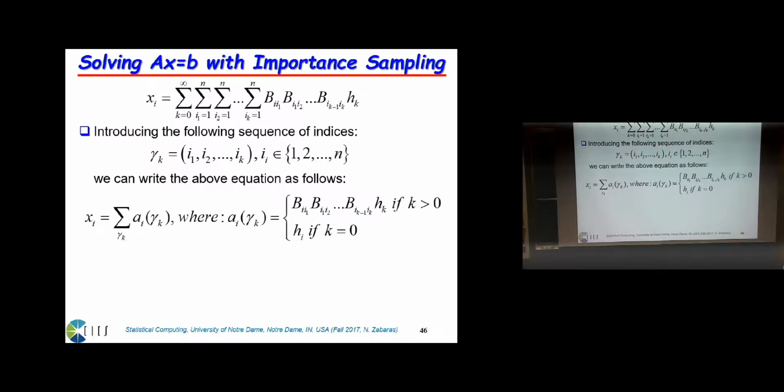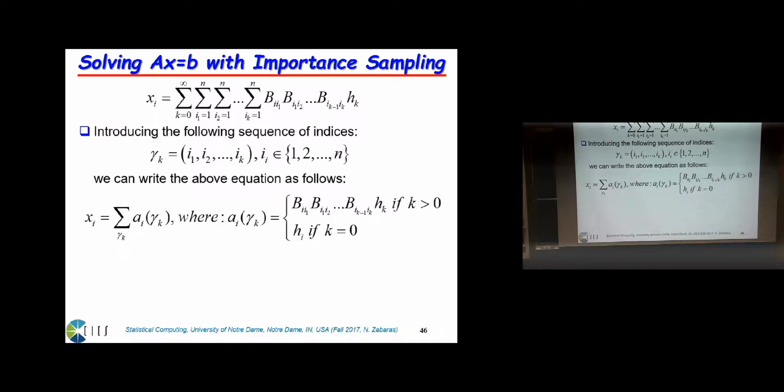Here I have the product for a selection of indices I1, I2, Ik, but I have all of these summations there for the indices, 1 to n, 1 to n, etc. So I call gamma k to be this, and I claim here that xi is the summation of this alpha I, where alpha I is defined by what you see here, for all possible indices gamma k.